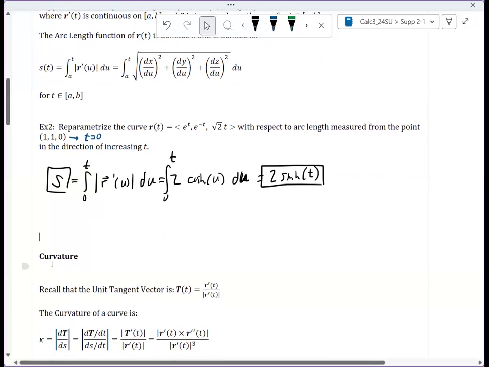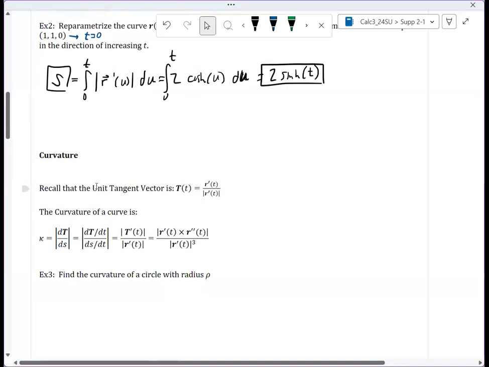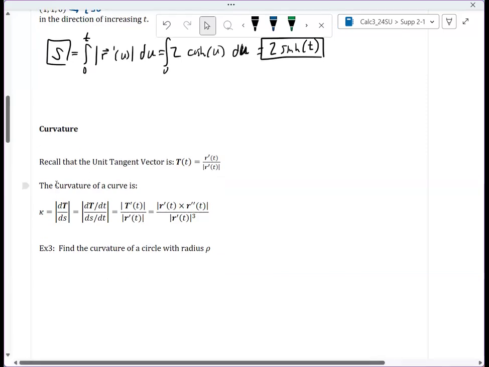Okay, so let's take a look then at curvature. Recall that the unit tangent vector was given by T of t equals r prime over the length of r prime. So it's the vector in the direction of r prime that's the unit vector. We can define the curvature of a space curve as follows.